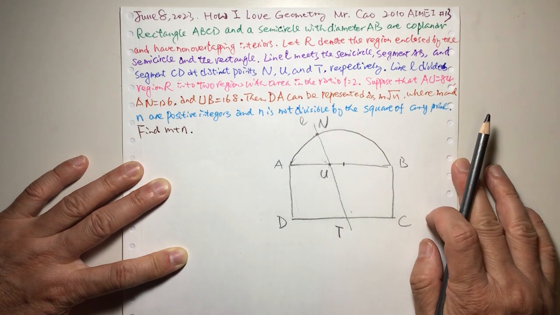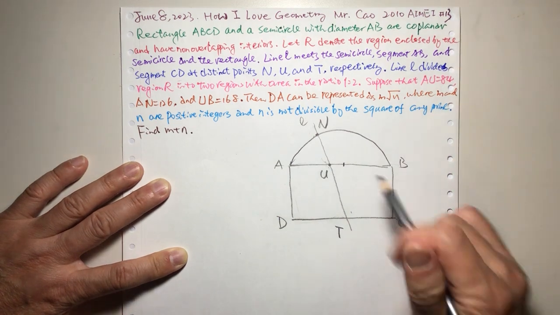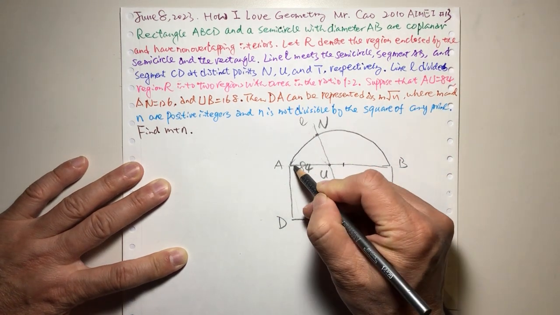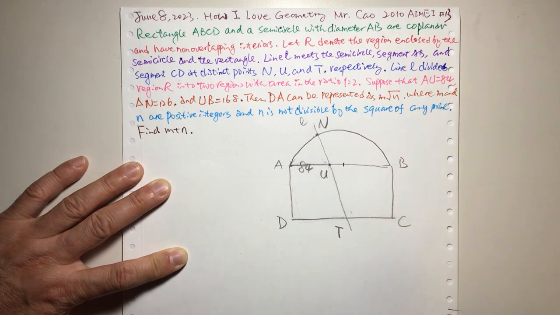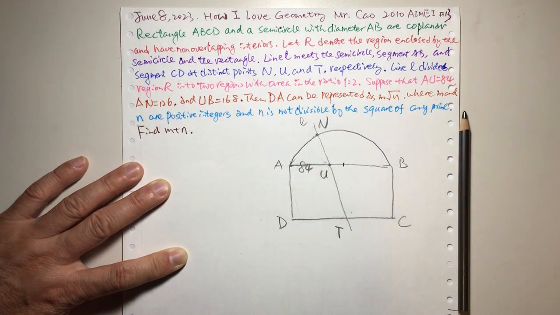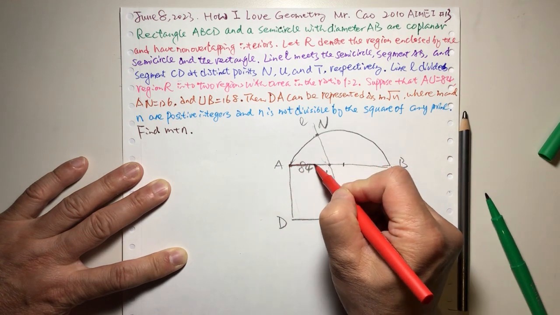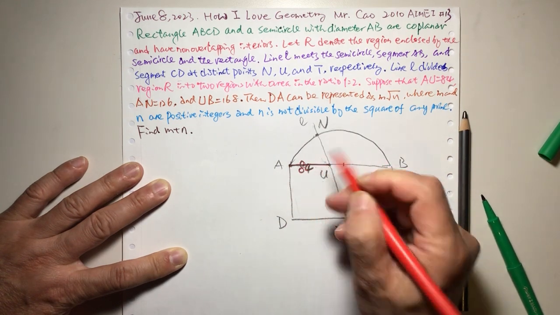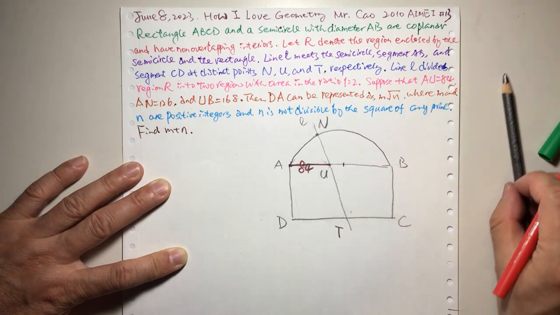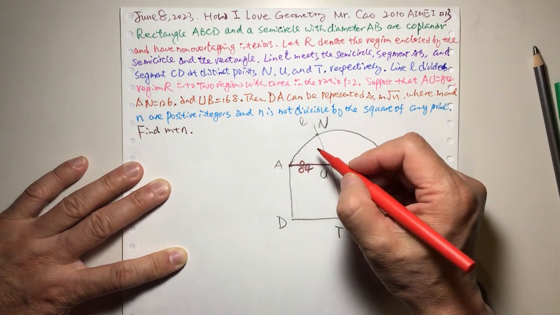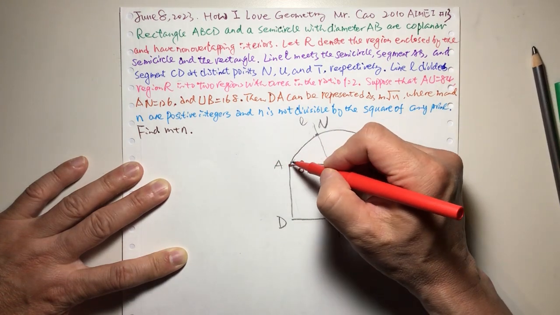Yeah. Suppose that AU is 84. This is 84, AU is 84. I can use a different color. Right, this is 84, and AN is 126.